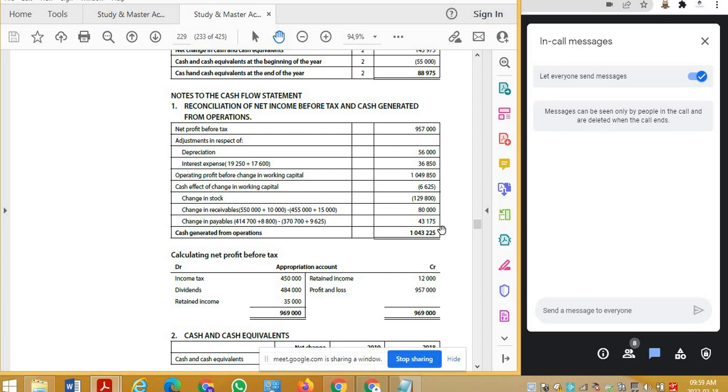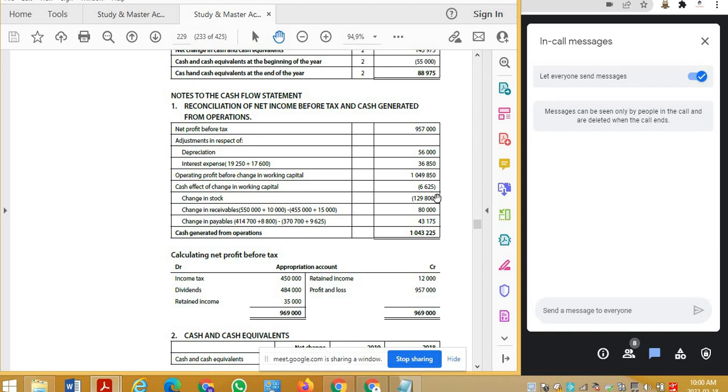Does that make sense, guys? Does the logic between why we plus or minus these amounts make sense? I'm hoping it does. When it comes to creditors, if the amount is bigger, it means we haven't been paying our creditors, and it's a positive amount. When it comes to receivables, if our receivables are bigger at the end of the year, it's not a good thing because people haven't been paying us.